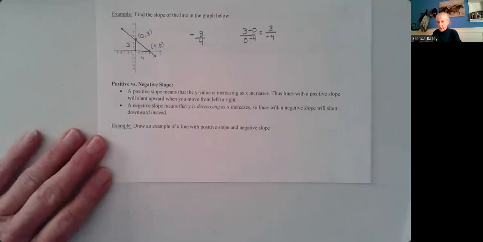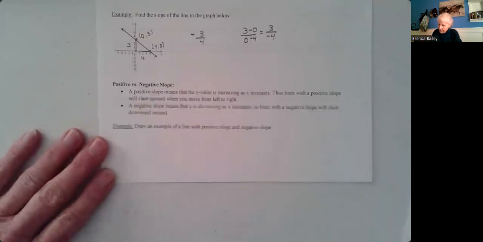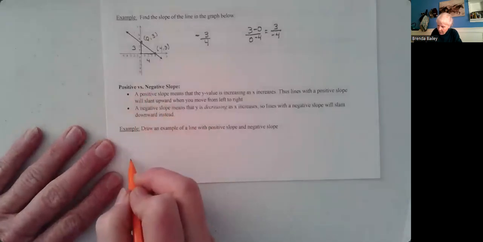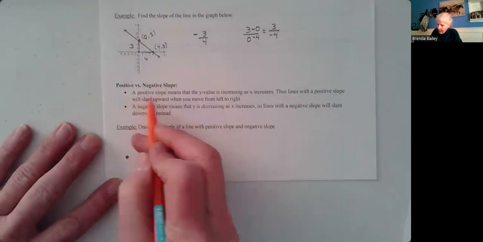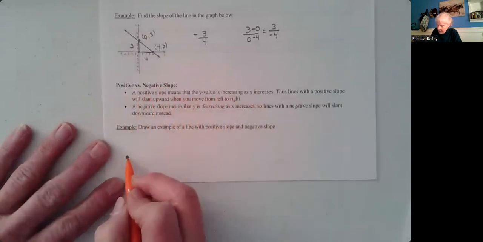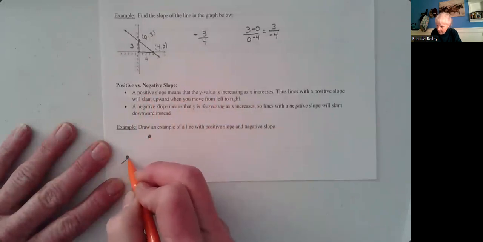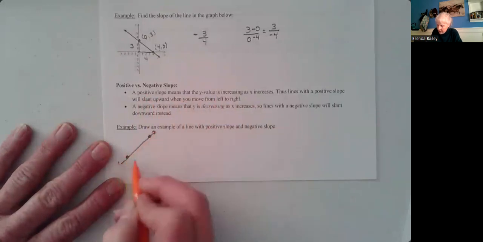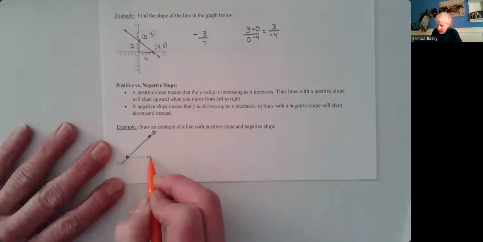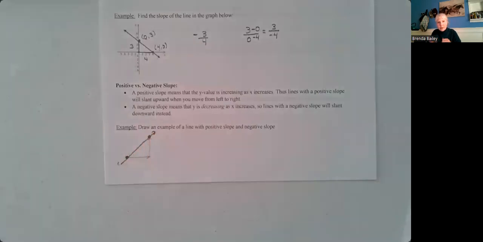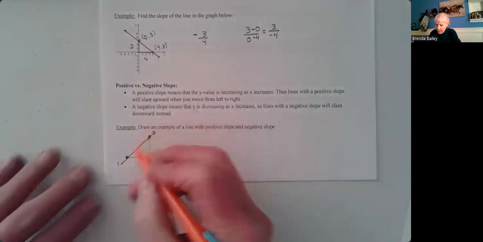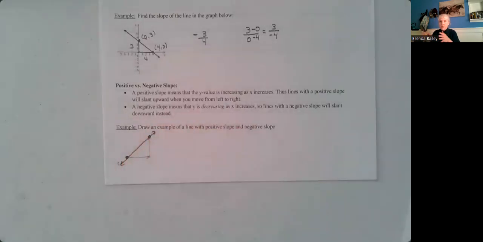As an example, if you have a point here, if the x increases, it goes here, the y increases, you go up. And so you get a slope going up to the right as you read from left to right. You read the graphs from left to right.